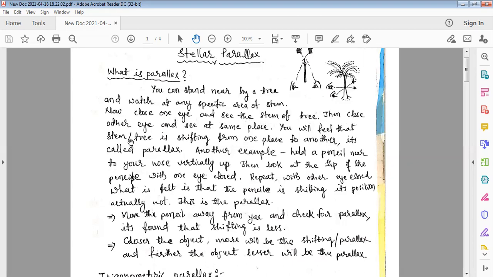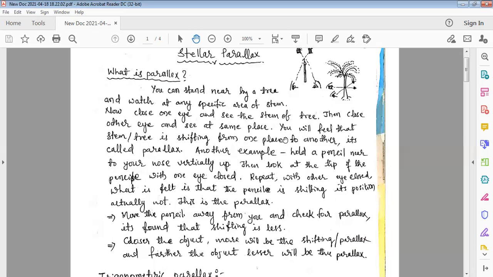Then close the other eye and see at the same place. That means you are looking at here. So now you close one eye and look with the other eye at this place, and then reverse it. That means close this eye and open this eye, and with the help of this eye you look at this point. This is what you have to do.